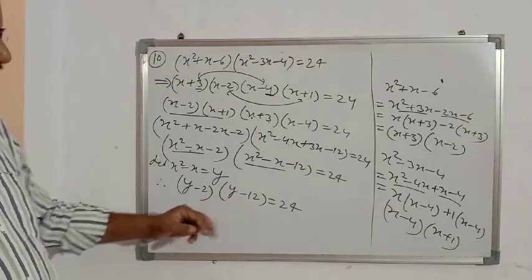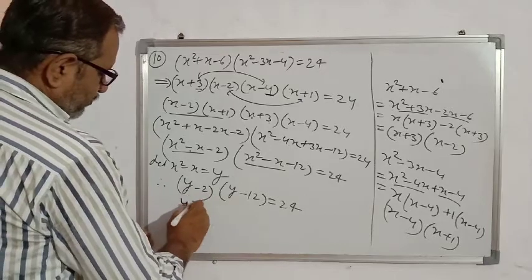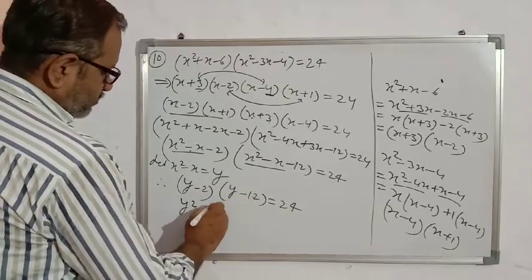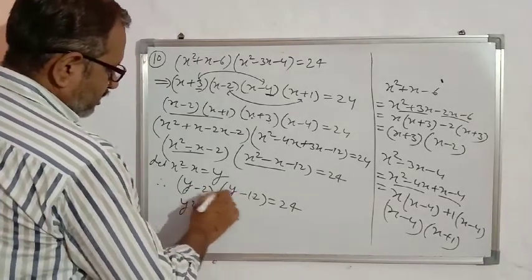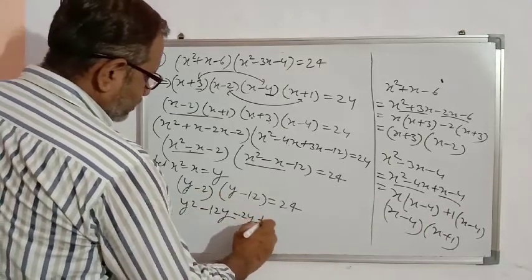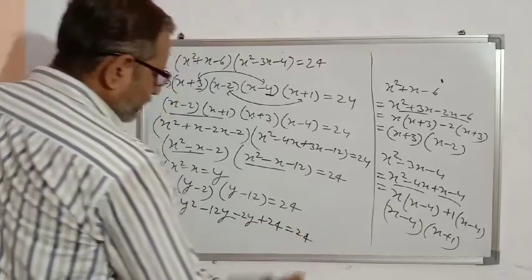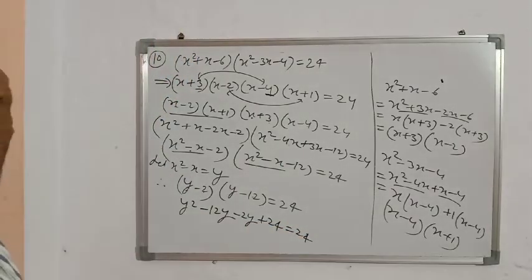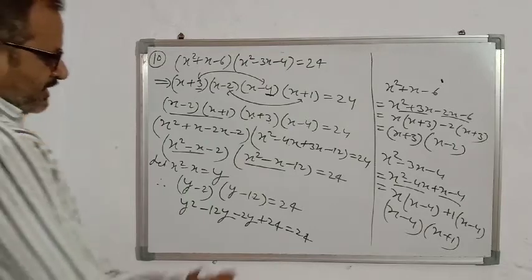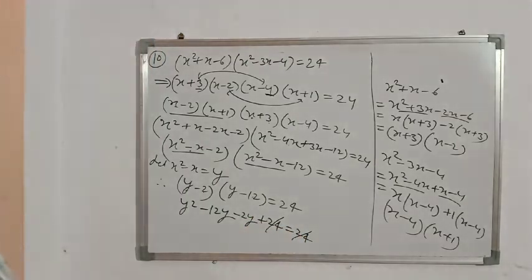Multiply these two brackets. y into y, y²; y into −12, −12y; −2y; and minus into minus plus, 24. So y² − 12y − 2y + 24 = 24. We can cancel 24 from both the sides.